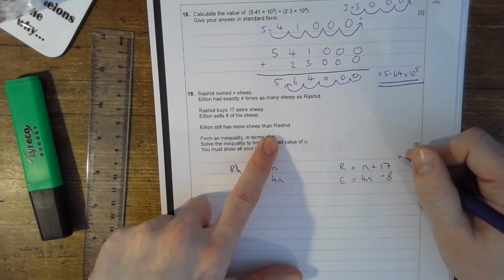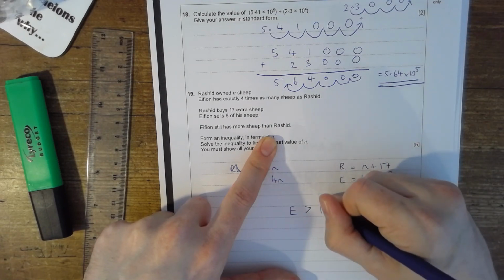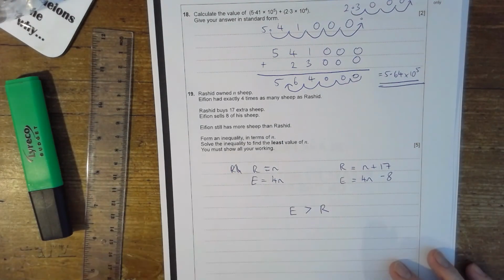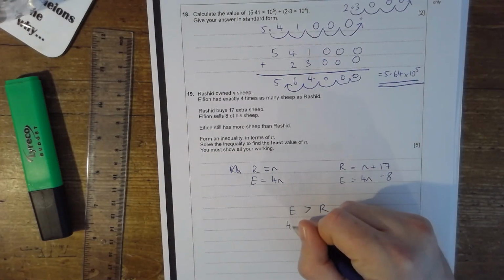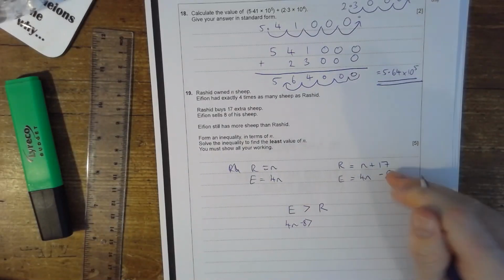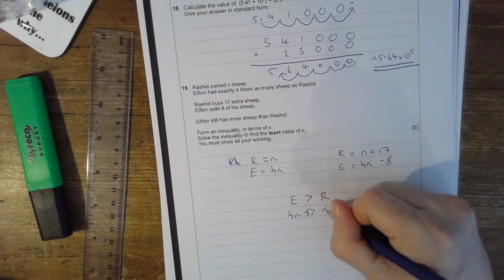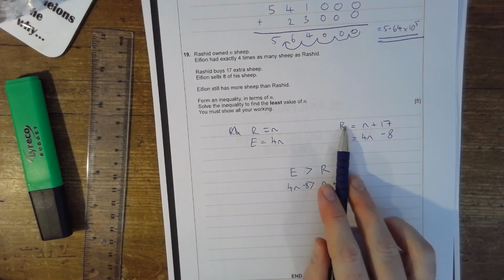But he still has more than Rashid, so we say Effion has greater amount of sheep than Rashid. Okay? So from there, I'm going to say 4N minus 8 is greater than N plus 17. Okay? So Effion's number of sheep is still more than Rashid.